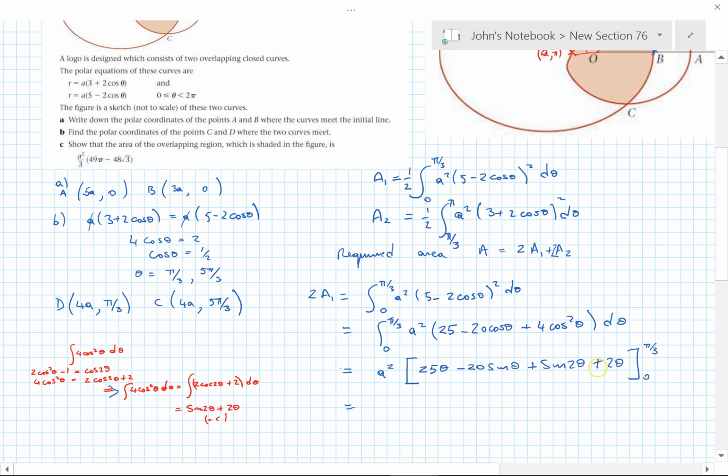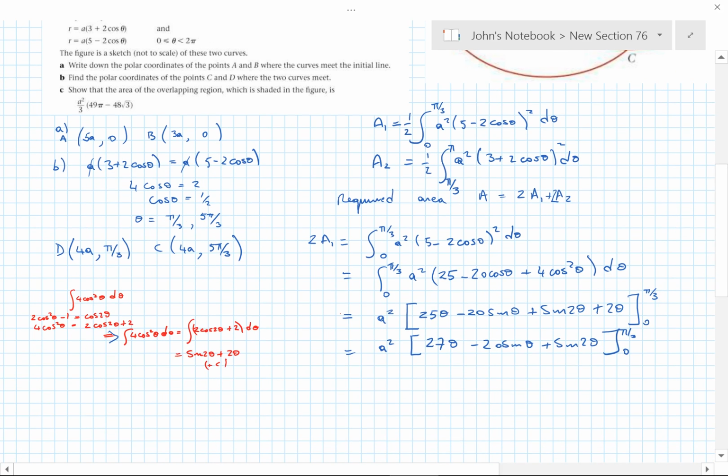So before I put the limits in, I think it's good practice to combine your terms before putting in the limits. Do you agree? I hope so. So 27 theta plus sine 2 theta, from pi by 3 to 0.